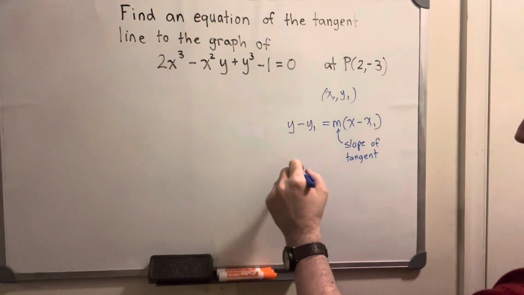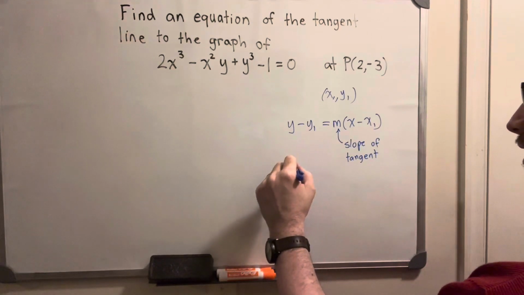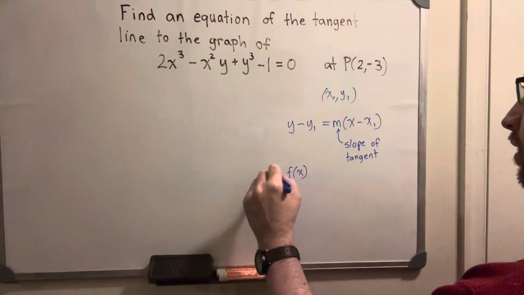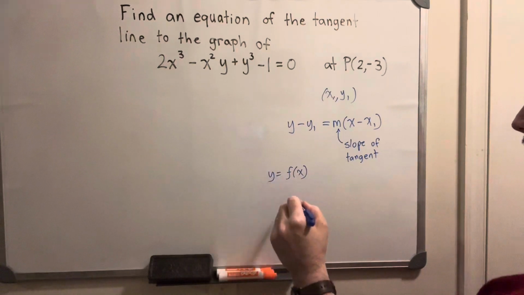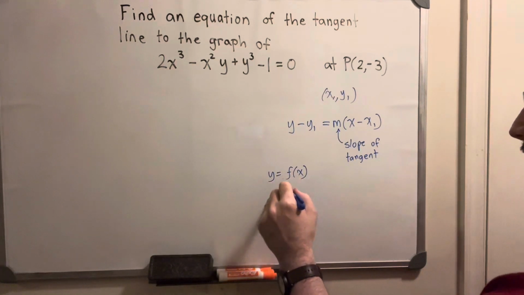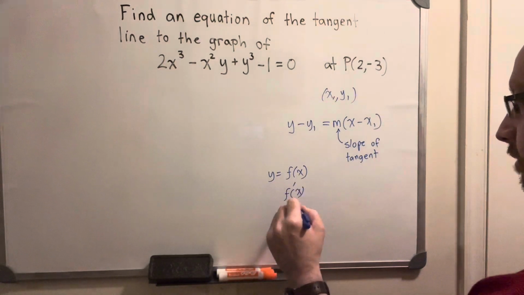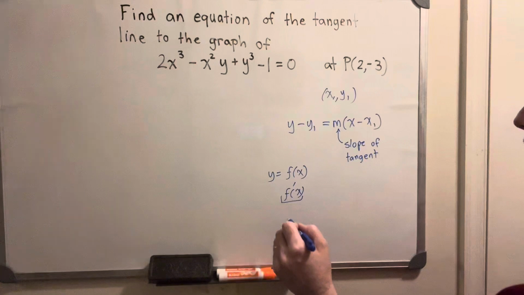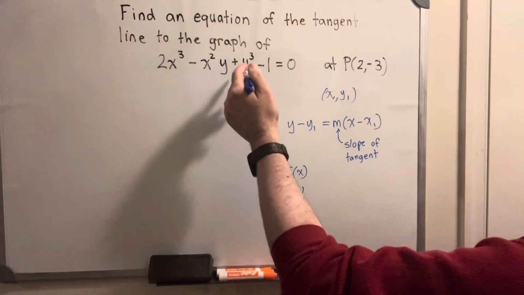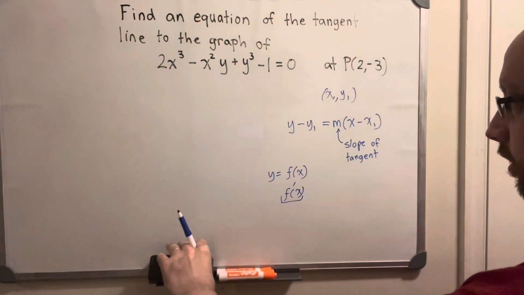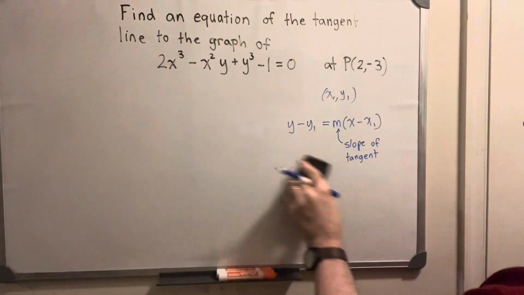What would the slope be if we had an explicit function y equals f of x? Then the slope would be the derivative at that value of x, right? But it's going to be hard to get y all by itself, let alone take the derivative of it.